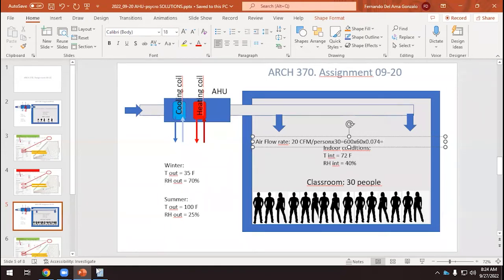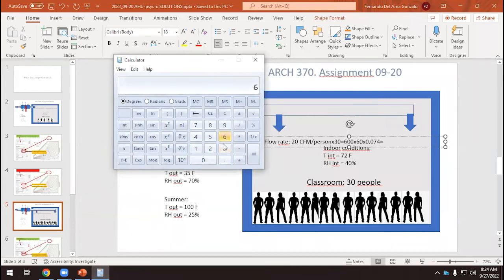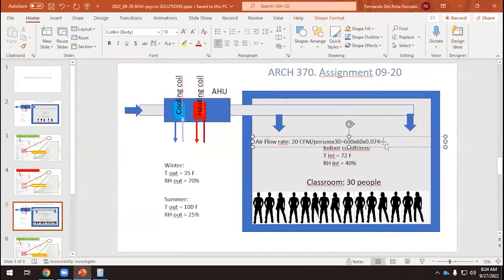So that is 600 times 60 times 0.074. So this is 26.64 units, pounds per cubic feet. Okay, pounds per cubic feet.